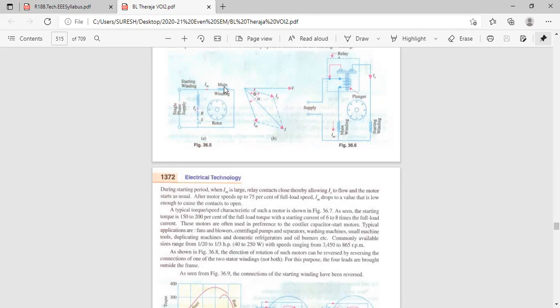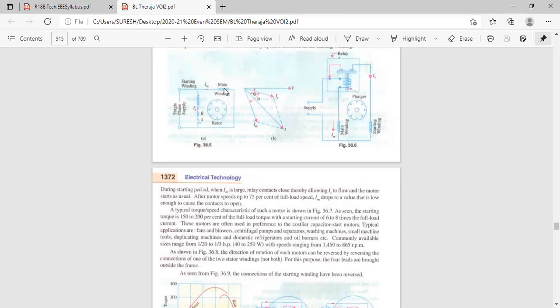This is the main winding, and this will be the rotor. The rotor is the rotating part. This is the main winding. This winding is called the starting winding. Actually, this is our actual winding in single phase.